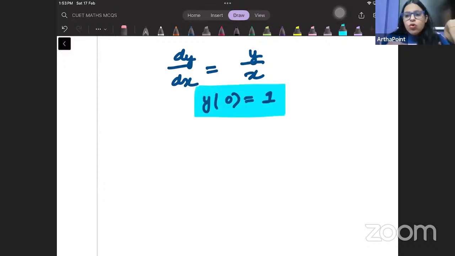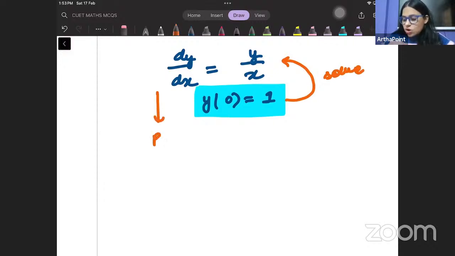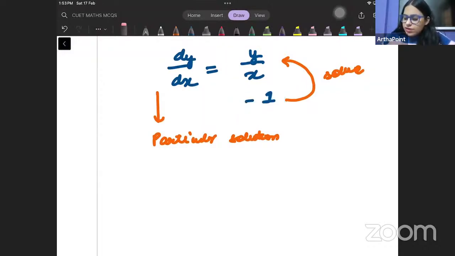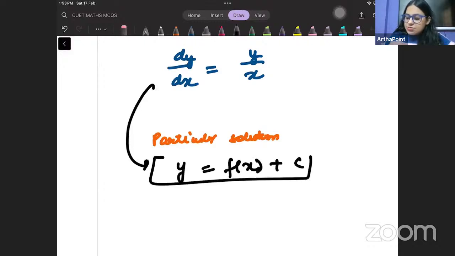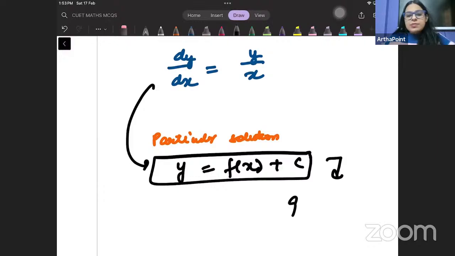If you plug in that initial condition, then what you will get is called a particular solution. And if you do not plug that in, if it is not given and you just get the answer that y is some function of x plus c, leaving it like that, then it becomes a general solution, right?